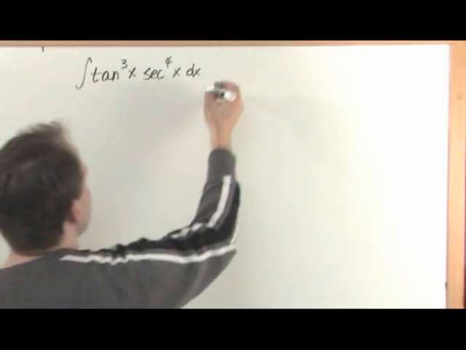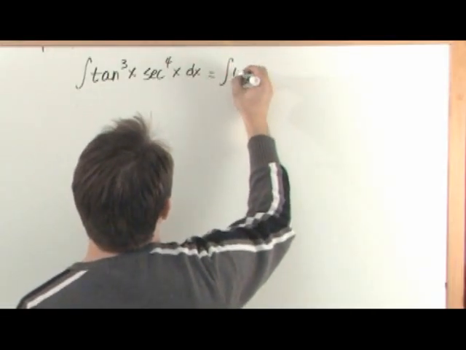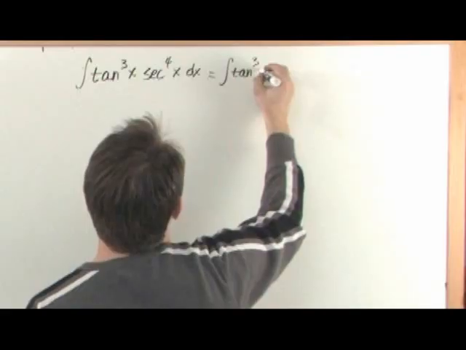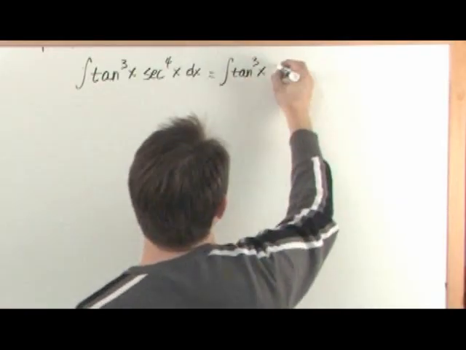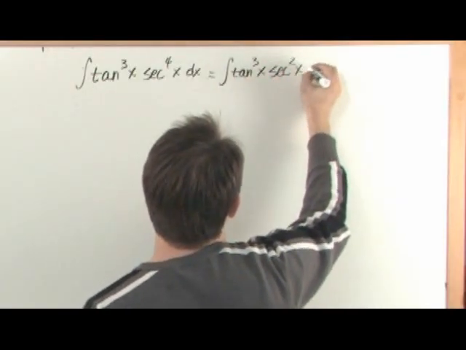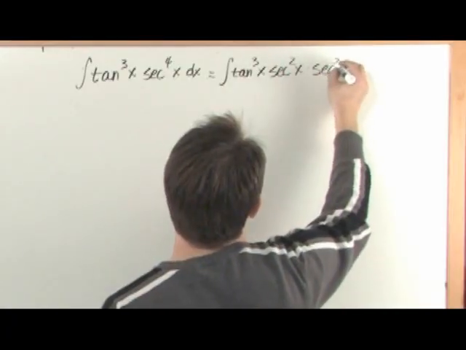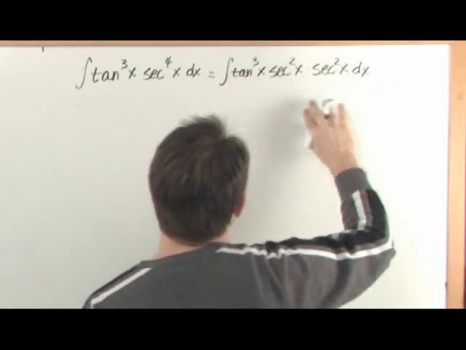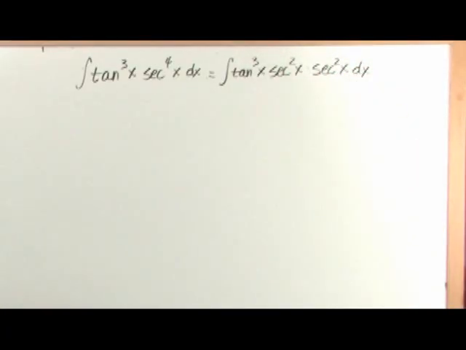So let's do that. Let's rewrite it as the integral of tangent to the 3rd power of x, and let's rewrite this as secant squared of x times secant squared of x dx. I mean, this may be a dead-end path, but you've got to exhaust a few possibilities to see if it works. Now let's substitute in what we know, that secant squared is 1 plus tangent squared.